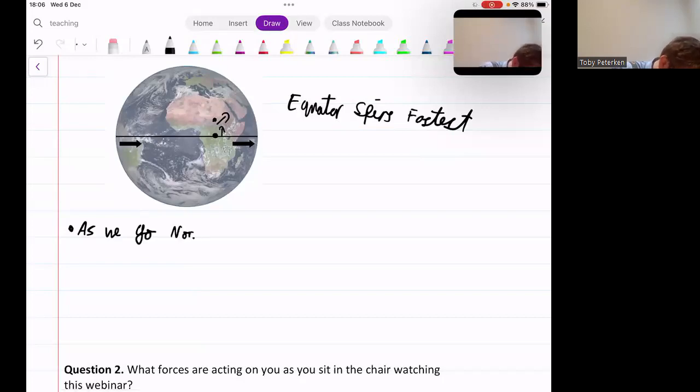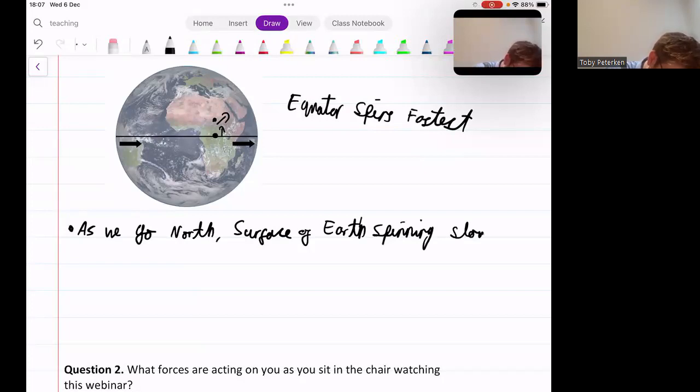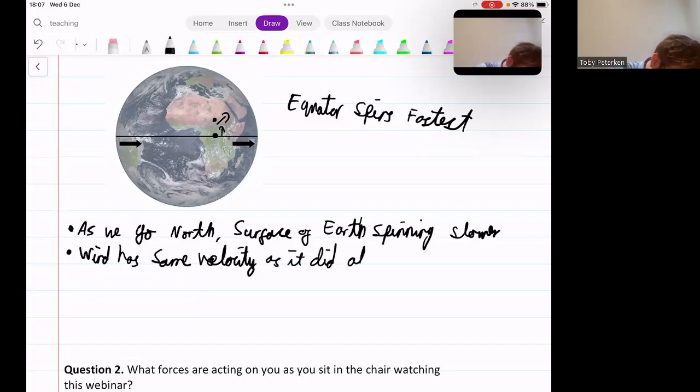As we go north, the speed of the surface of the Earth slows down, but the wind has the same velocity as it did at the equator.